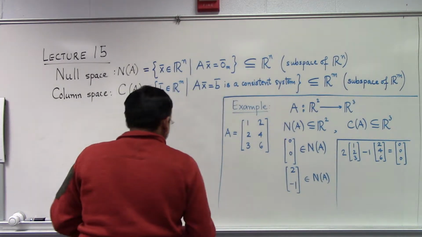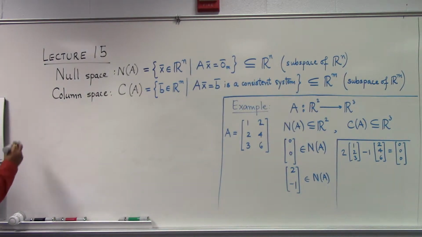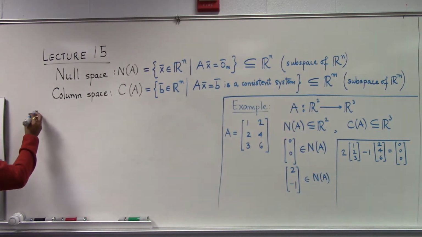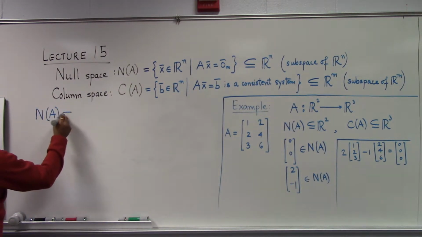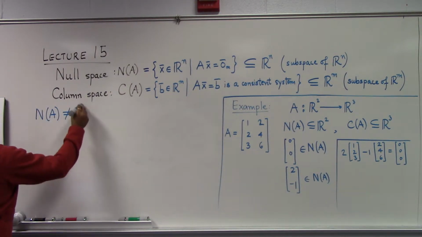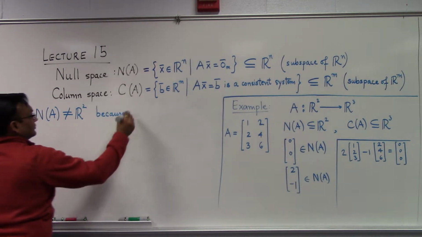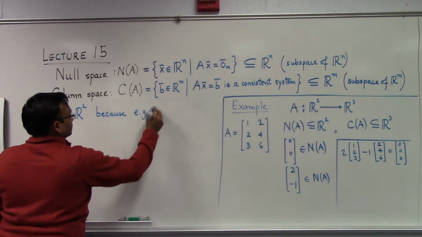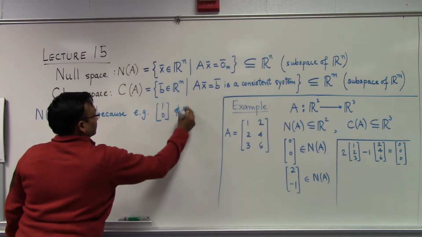So for sure we know that the null space cannot be the entire R2, because, for example, the vector 1, 0 does not belong to the null space.